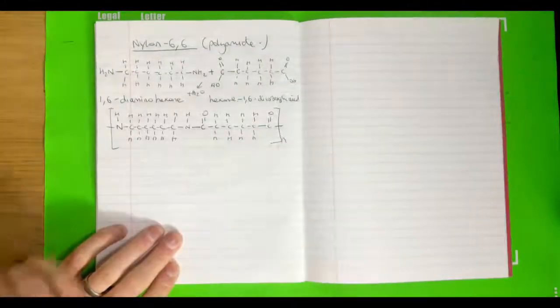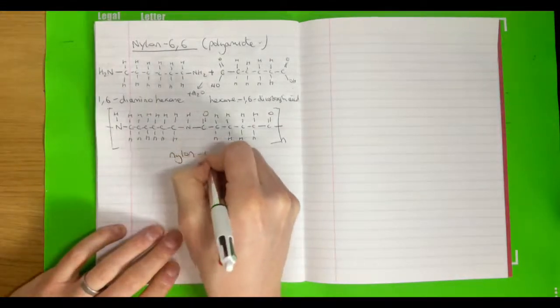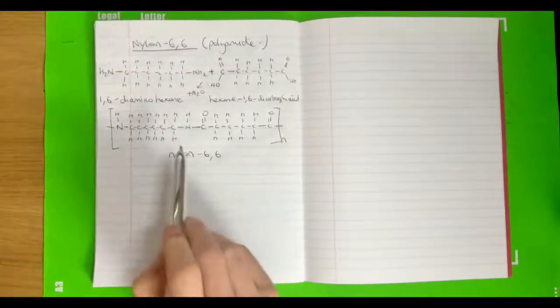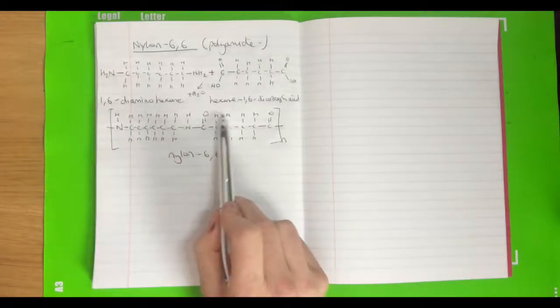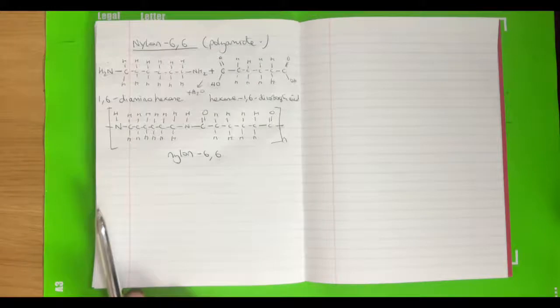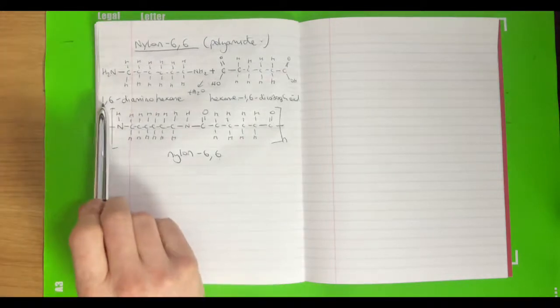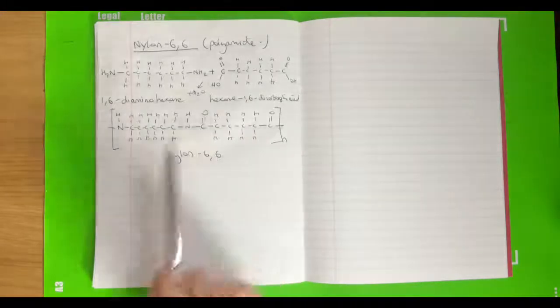Put a little n there. And that is nylon 6,6. The reason we call it nylon 6,6 is because you've got 6 carbons here and 6 carbons there. You can also get nylon 6,10, which has 10 carbons in one of the monomers. We're just going to look at nylon 6,6. So nylon 6,6 here is made of 1,6-diaminohexane and hexane 1,6-dicarboxylic acid.